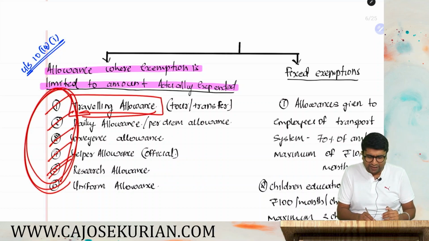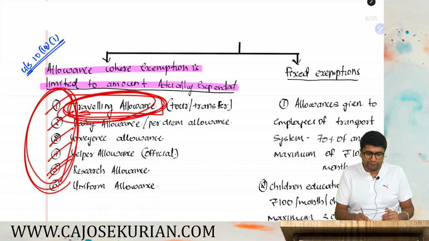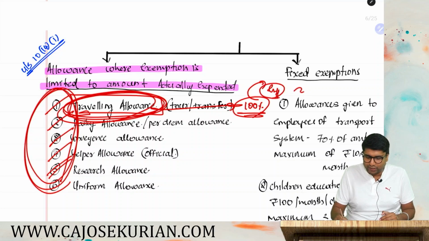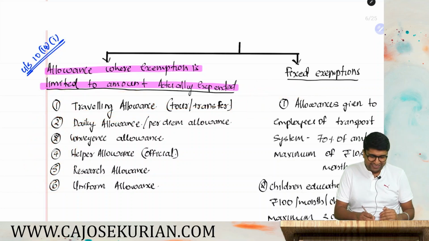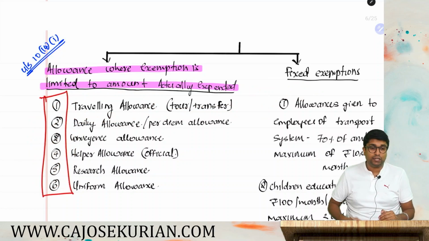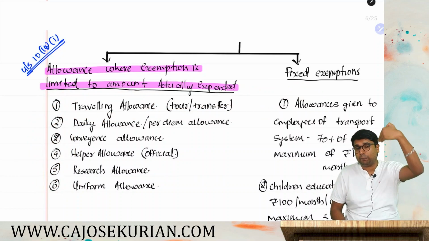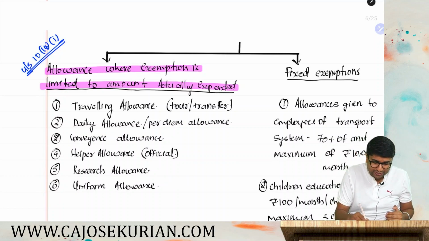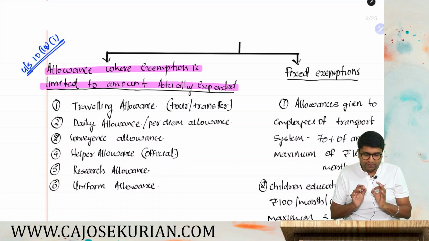Say for example, traveling allowance. You are in receipt of traveling allowance and you have 100% expended that full traveling allowance, then you can claim exemption for the entire traveling allowance. So out of these 6, you can claim exemption provided you have actually paid that respective allowance for that intended purpose.